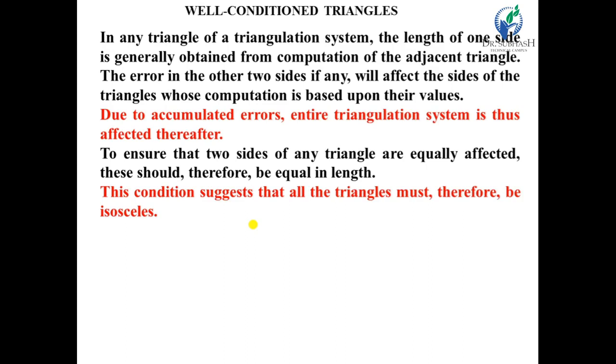The errors in the two other sides, if any, will affect the sides of triangles whose computation is based upon their values. Due to accumulated errors, the entire triangulation system is thus affected. To ensure that the two sides of any triangle are equally affected, they should therefore be equal in length. The condition suggests that all the triangles must therefore be isosceles.